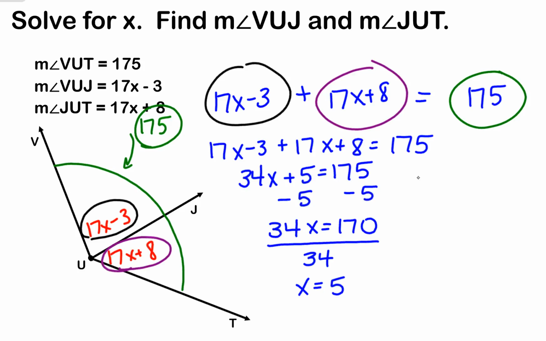So if I look at the measure of angle VUJ, I know that that's equal to 7x minus 3.